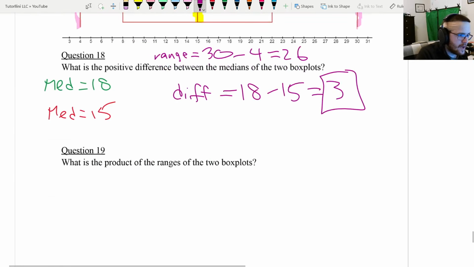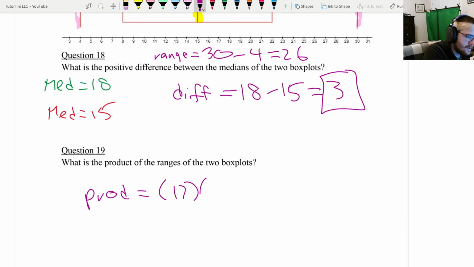Okay, so it's asking for the product of the ranges, so we'll just multiply them together. So the product is 17 times 26. Let's see what that gives us. 442.